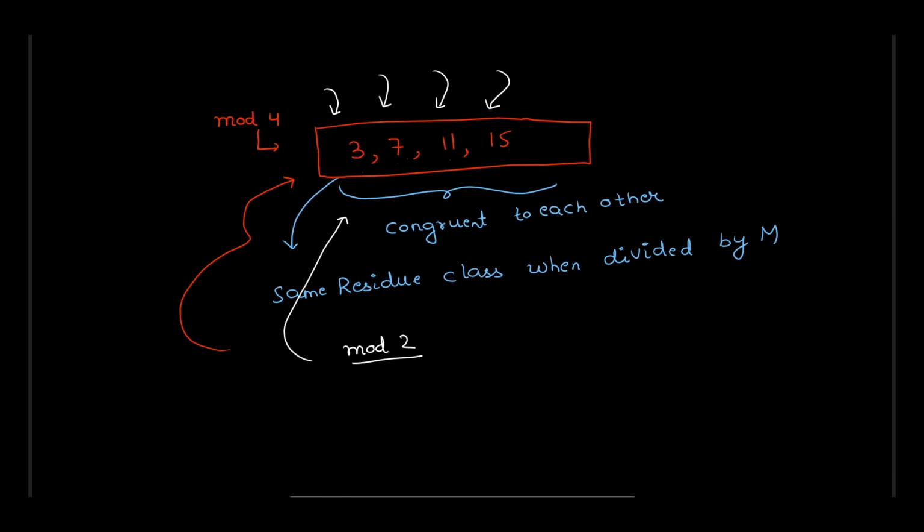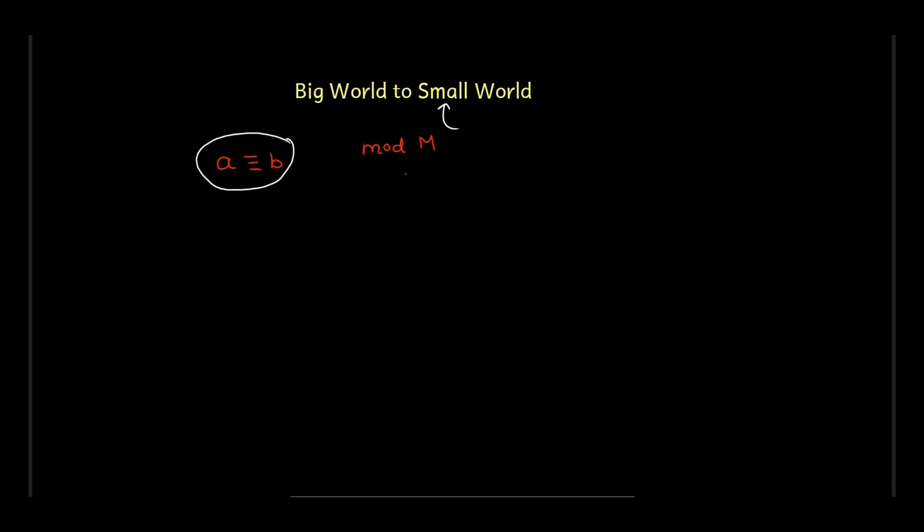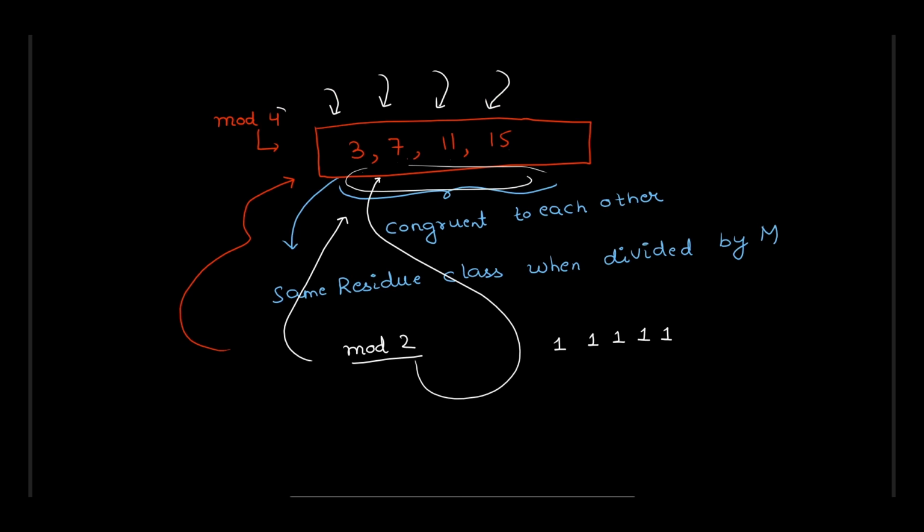Why? Because in the modulo 2 world, all of them produce the same remainder 1. Therefore, since all of them produce the same remainder, all of them are equal to each other. So can you generalize this statement? What is the relation between 4 and 2? What can you guess? So you can see that it is actually a divisor.